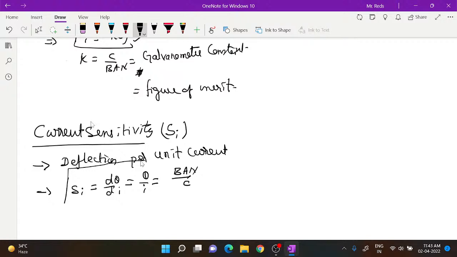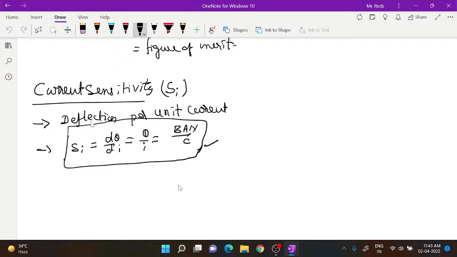While working out numericals, if you are asked to find this, or if another parameter is asked to be calculated, you have to use this carefully with all parameters in a particular system of units.